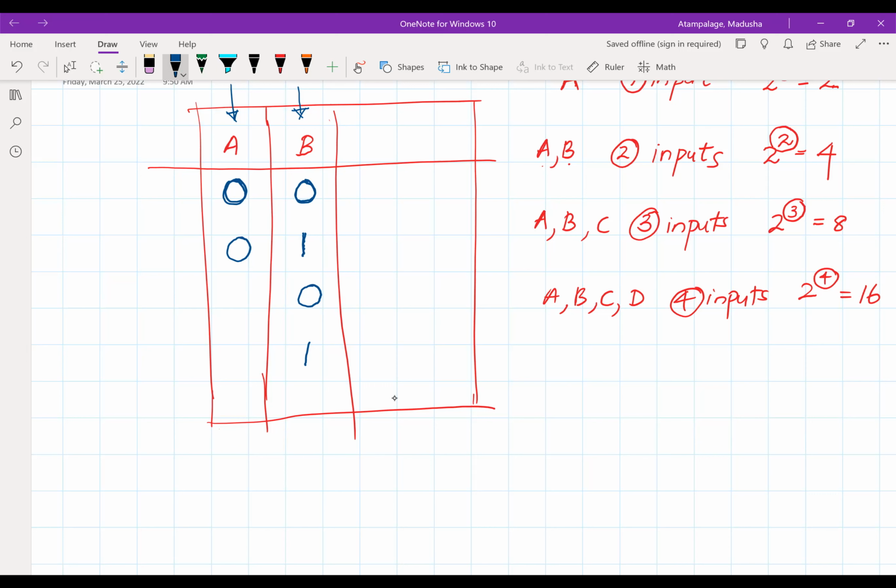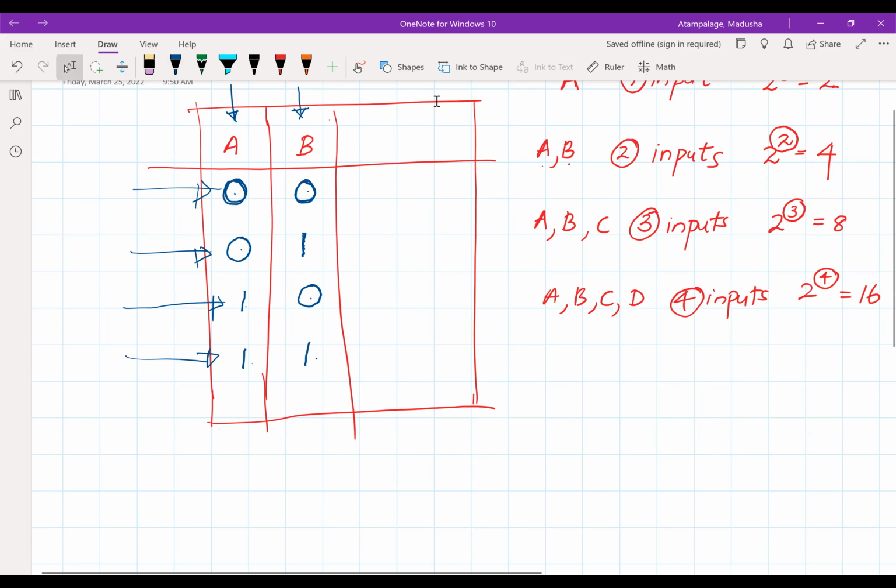Here we have 2 zeros, and here we have 2 ones. That is a simple way to complete the truth tables. 0, 1, 0, 1. Here we have 0, 0, 1, 1. Now you can see we have 4 possible input combinations: 0, 0, 0, 1, 1, 0, 1, 1.